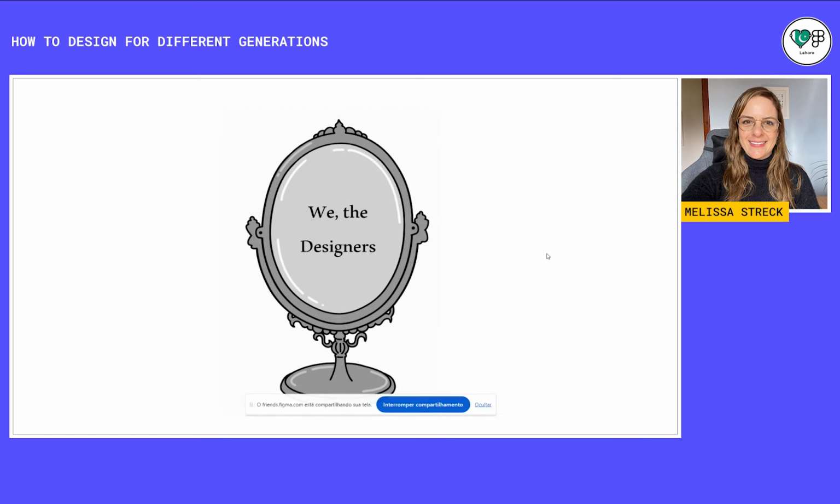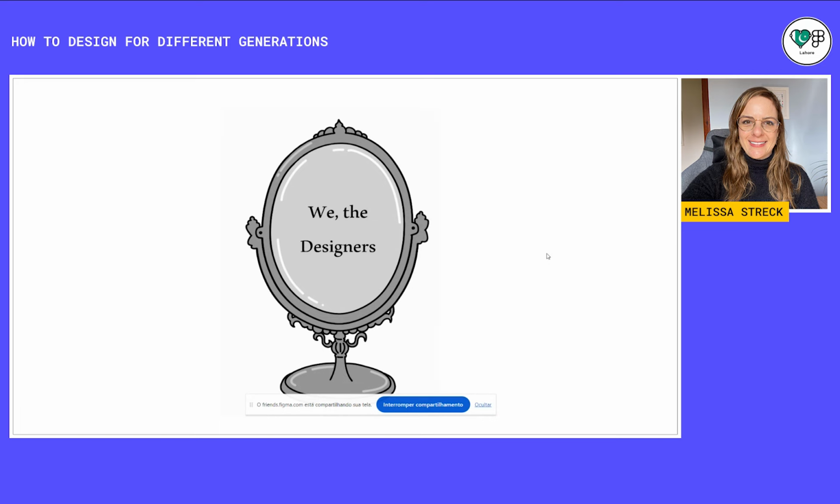So when we create a design, when we go to a tool like Figma, or we start a project, we tend to design based on how I use this. But before starting to design, it's very important to understand who we are designing for, who we are projecting to.